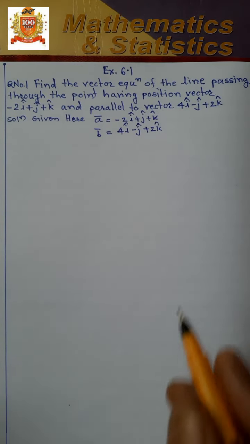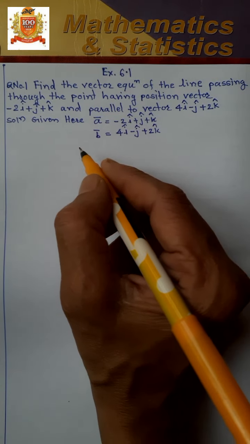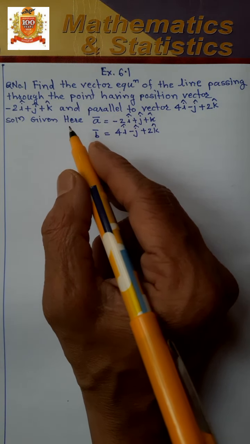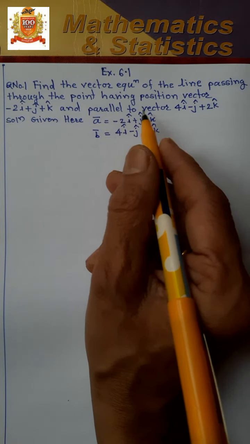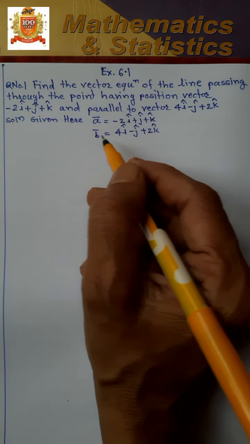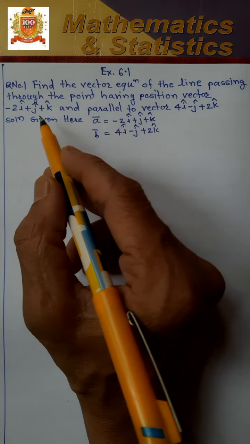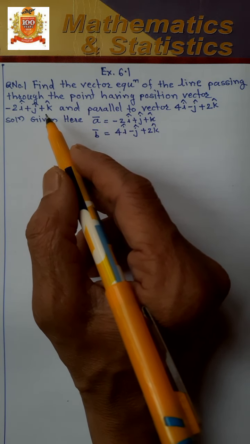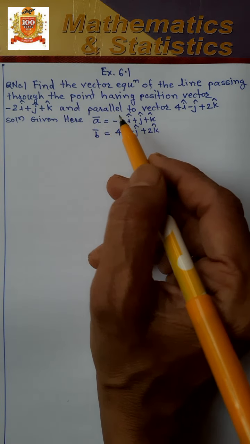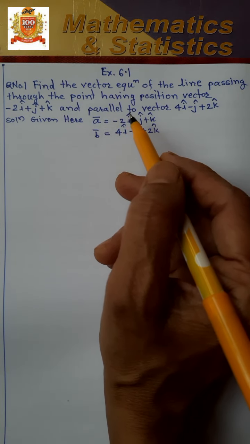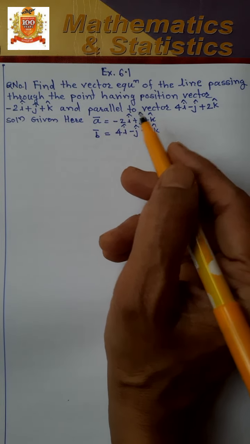Once you are able to identify which is a bar and which is b bar in the given question, then the solution is very easy. Here a bar is the position vector of the point and b bar is the parallel vector.